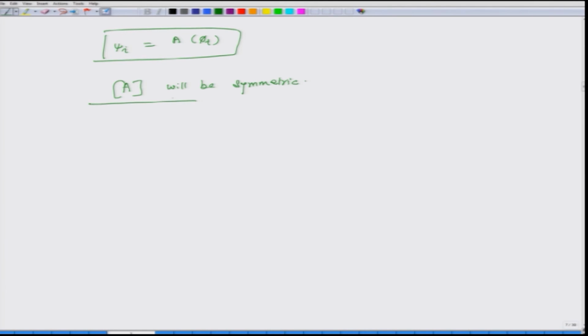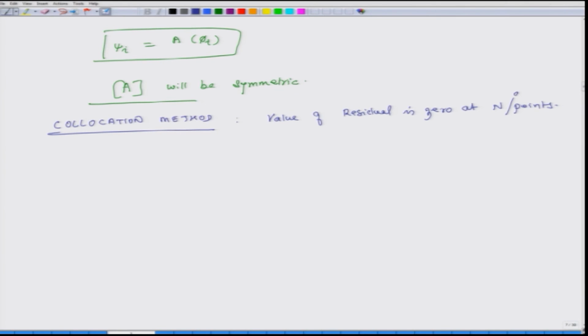And the last method we will discuss is called the collocation method. Okay. So, in this method what we say is that the value of the residual, I will make it discrete points.